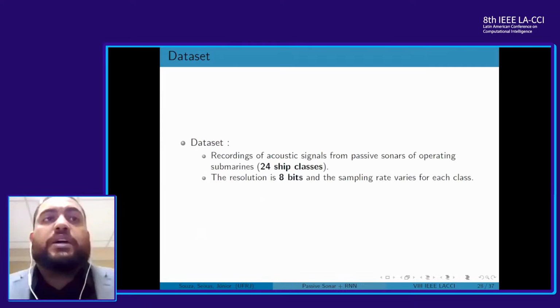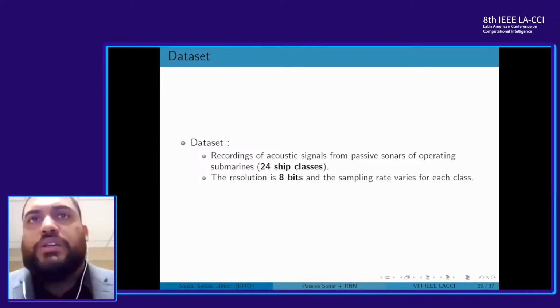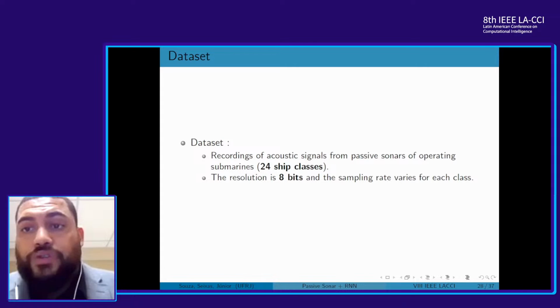Our data set was presented to us by the Brazilian Navy. Most of this data was recorded by the Brazilian Navy in the Guanabara Bay here in Rio de Janeiro.